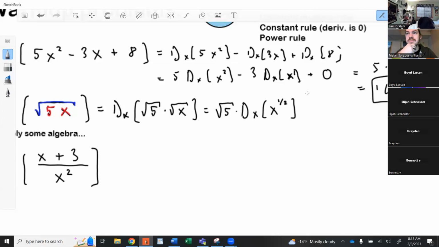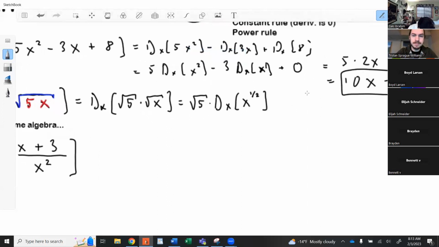It's 1/2. So we can apply the power rule. We get the square root of 5 times 1/2 x to the power of 1/2 minus 1. You guys did this yesterday, remember? So this is negative 1/2.